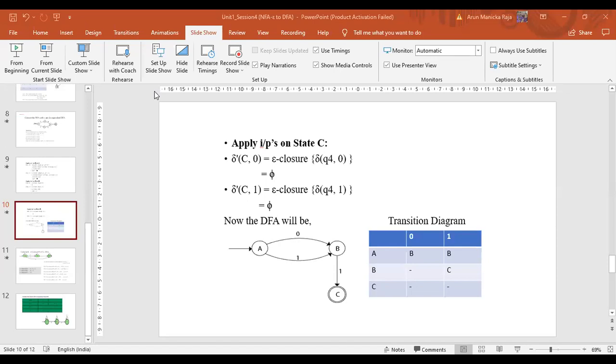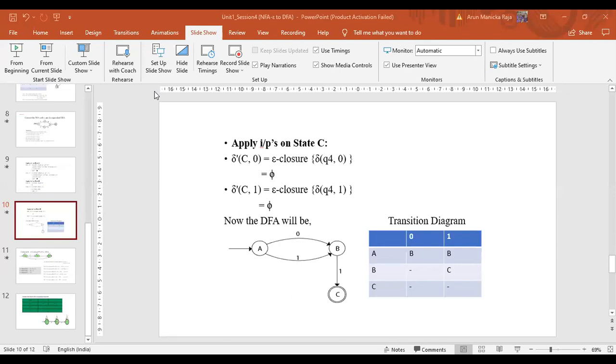Ma'am, take the initial state and calculate the transition for each input until we get no new state. Finally, we draw the transition table and diagram. This is the procedure for converting the NFA to DFA. Please differentiate the three problems and don't confuse them. These three are very, very important in the first unit.